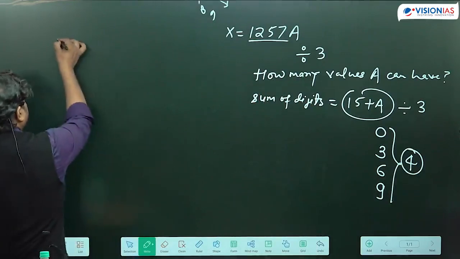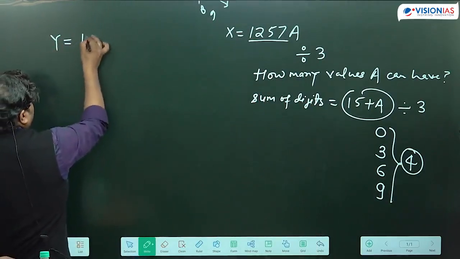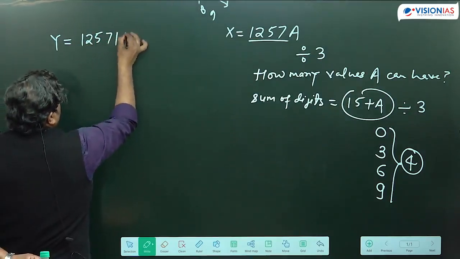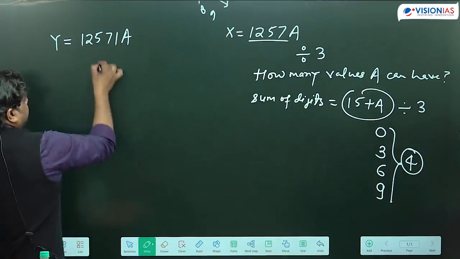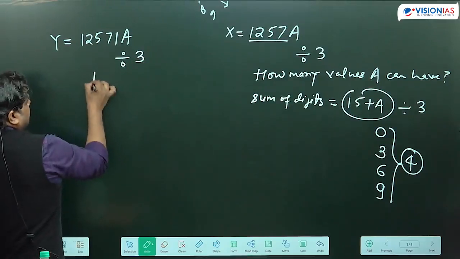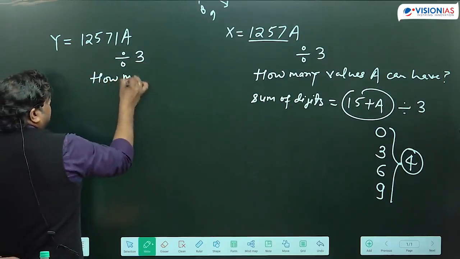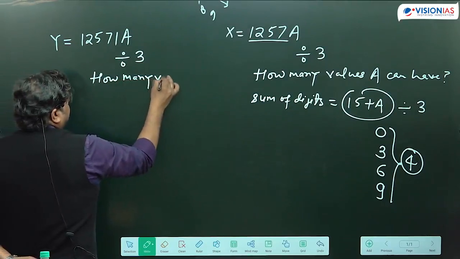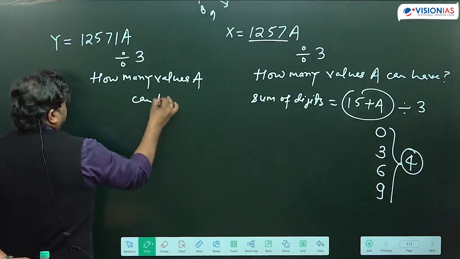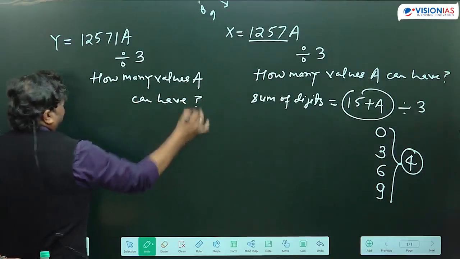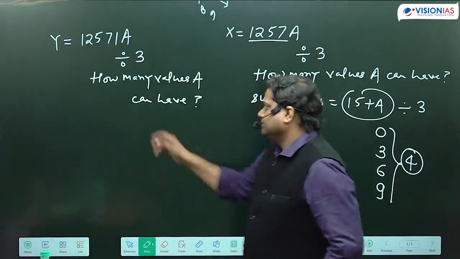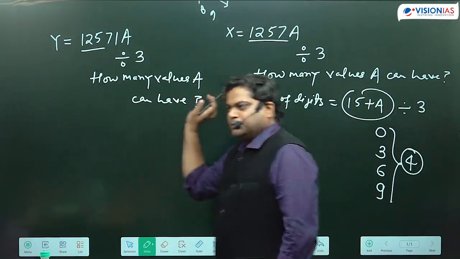If I write another number, 1, 2, 5, 7, 1, a. This number is completely divisible by 3. How many values can a have? The same approach we can follow here.